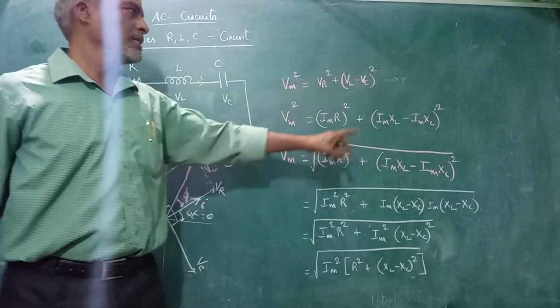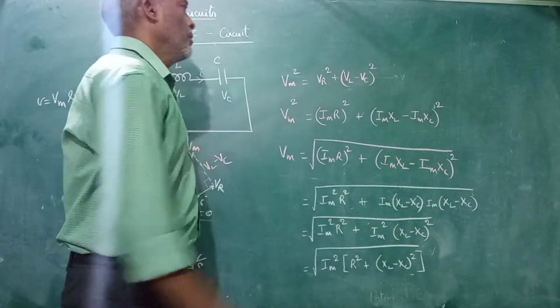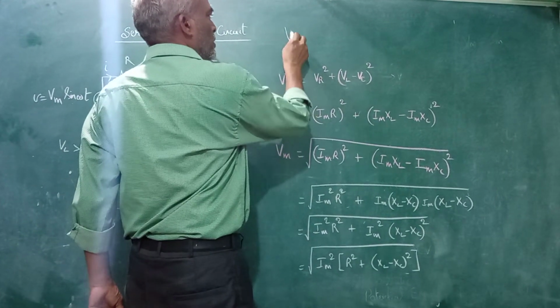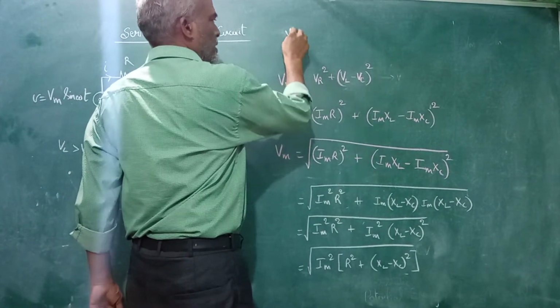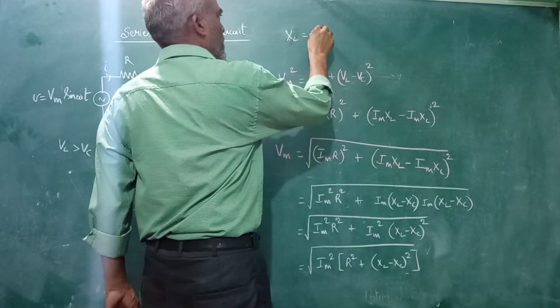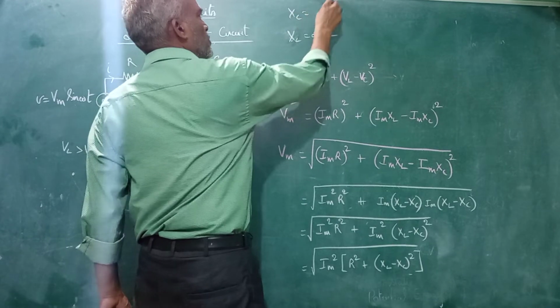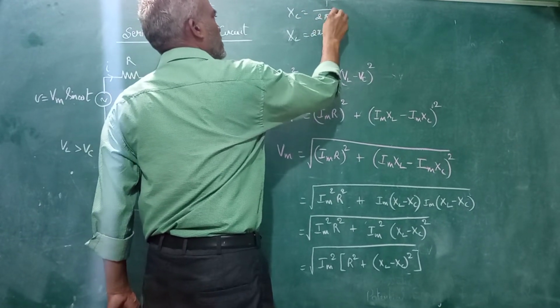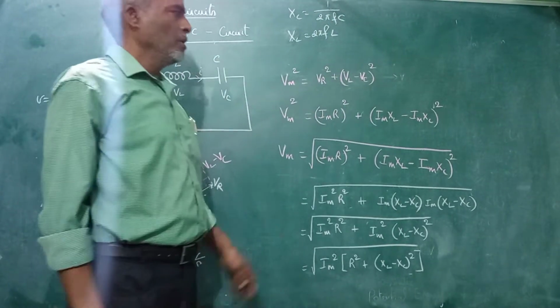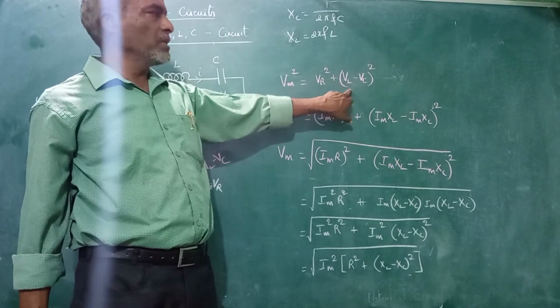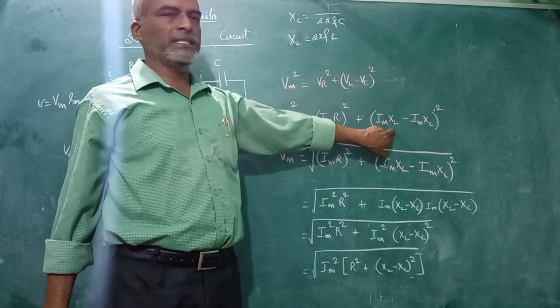Now VL is Im into XL. We already know that XL is equal to 2 pi FL, the inductive reactance, and Xc is equal to 1 by 2 pi Fc, which is the capacitive reactance. So the voltage across the inductor is given by Im into XL.